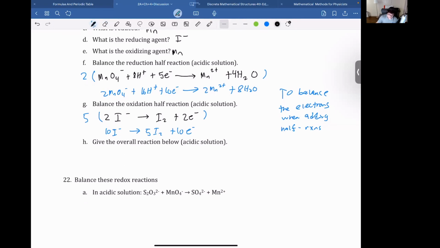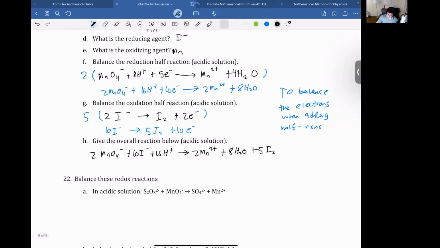So we just go ahead and add these. It's actually as simple as that if you balance these correctly already. And then we have 2MnO4 minus plus 10I minus plus 16H plus yields 2Mn2 plus plus 8H2O plus 5I2, and it's done.